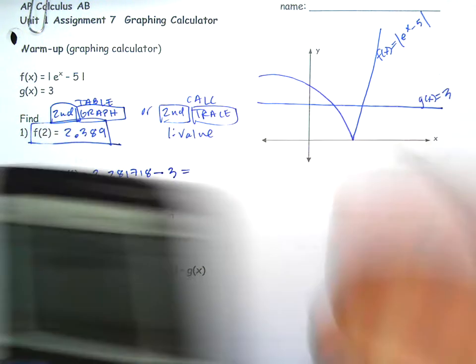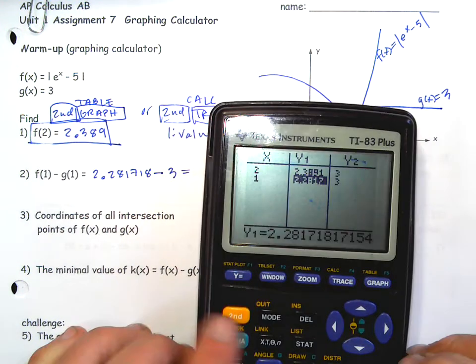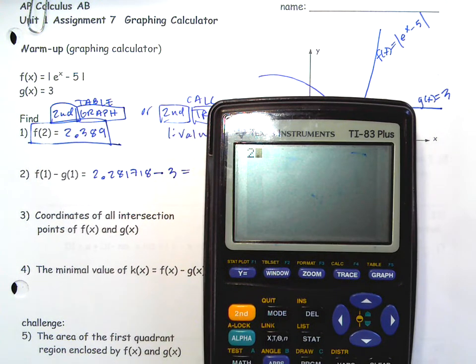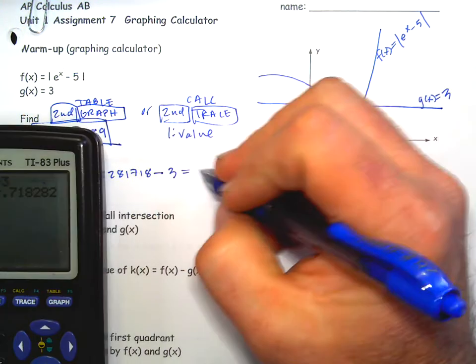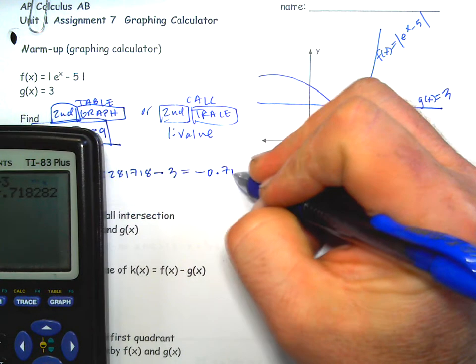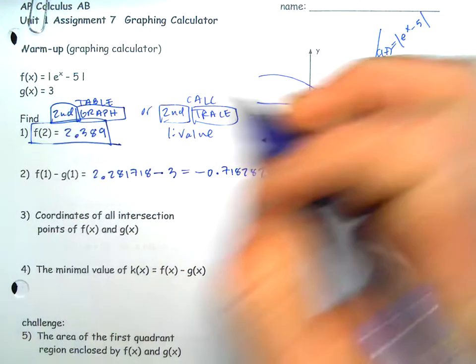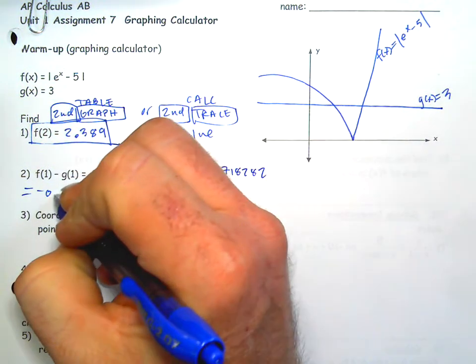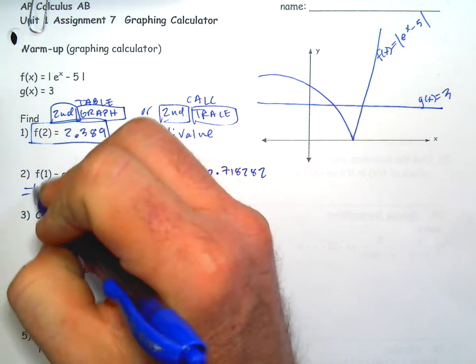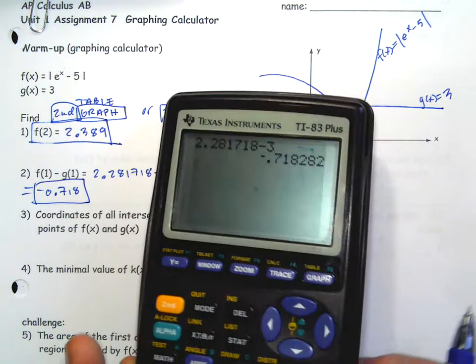And then you could do that on your home screen, right? You could go back to your home screen and do the calculation. 2.281718 minus 3, -0.718282. So your answer is -0.718. Rounded or truncated comes out the same. Now wait to round or truncate to 3 decimals till you're done.